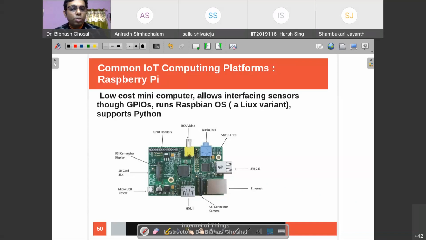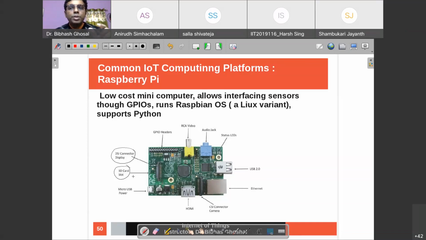It has a lot of accessories and peripherals provided for different data acquisition. For example, there's a display connector where you can connect it to a screen and visualize the output. You have an SD card slot. It's not shown, it's actually beneath.